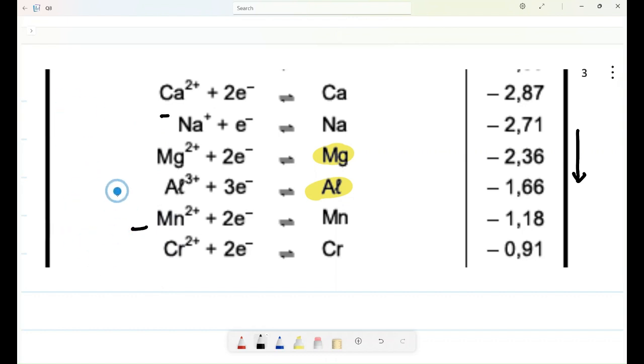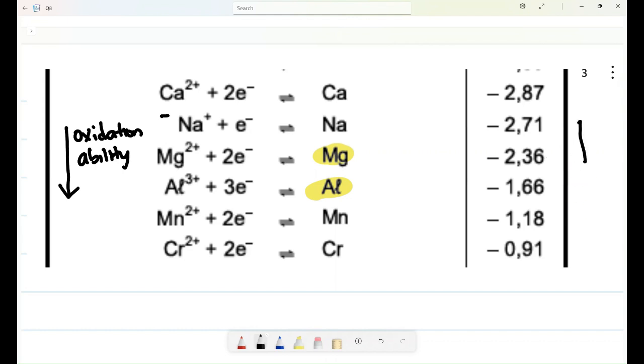Going down there, we had an increase in the oxidation ability. Okay, from here going down, and then from here going up.